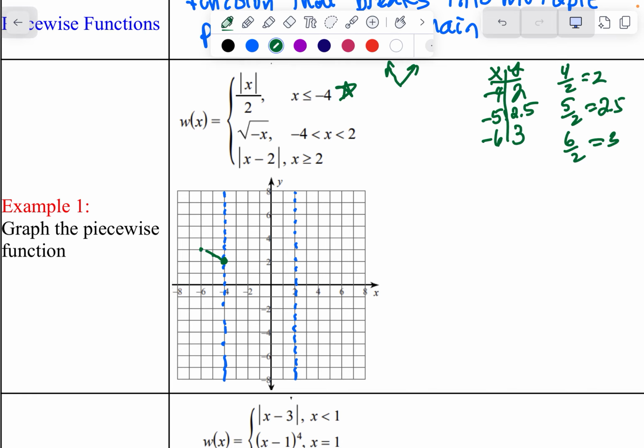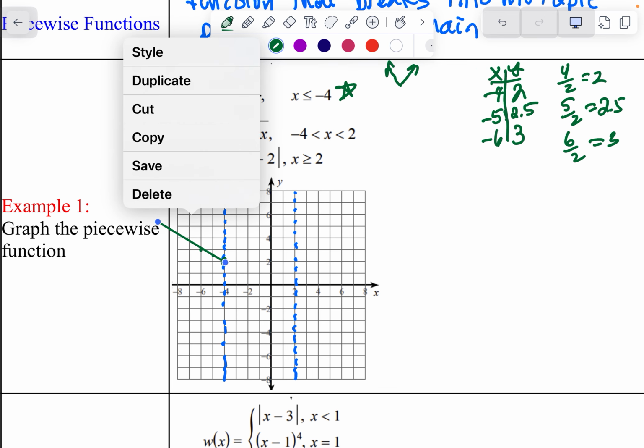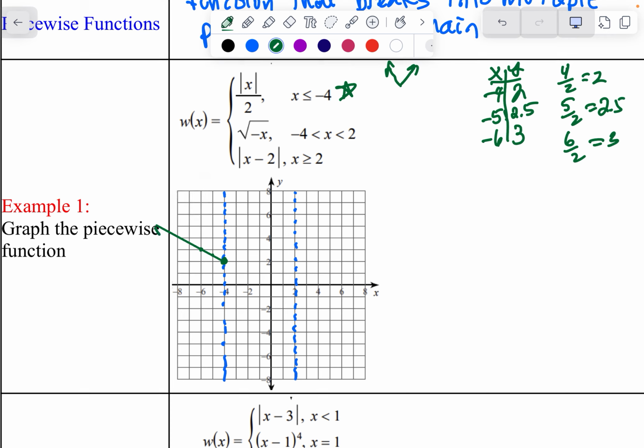So only this part of our v is allowed. The other part of our v is kind of invisible. The other part of our v is right here, but we don't see it because we only get the portion that lives in the part of the country it's allowed to live in. Okay?